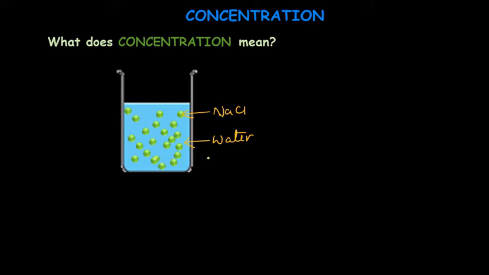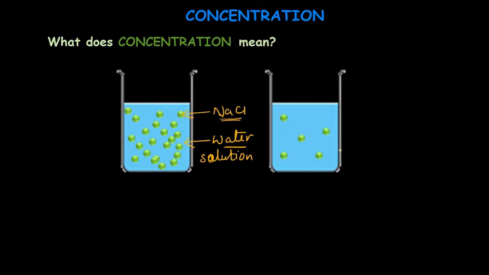So you can call this a salt solution where my water is the solvent and NaCl is a solute. So it's a solution of NaCl, sodium chloride, that is common salt.